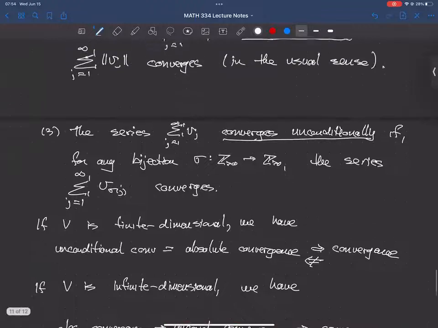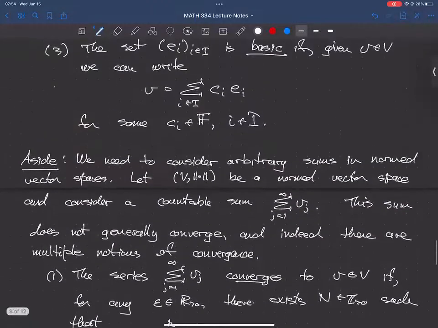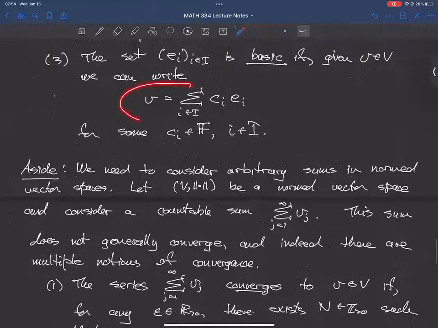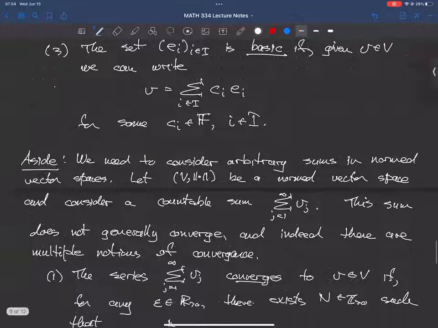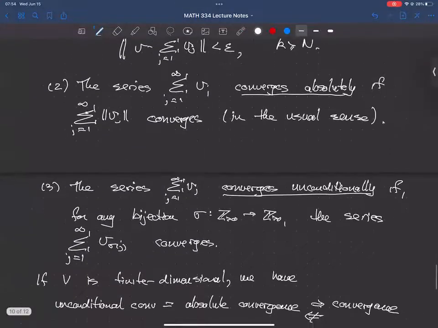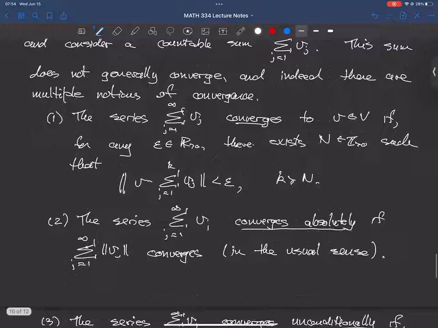How does this help us in answering the question of what the convergence of an arbitrary sum like this means? Well, which of these notions can be adapted to arbitrary sums in normed vector spaces?